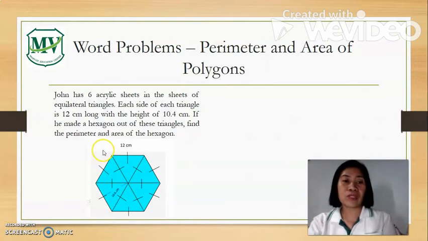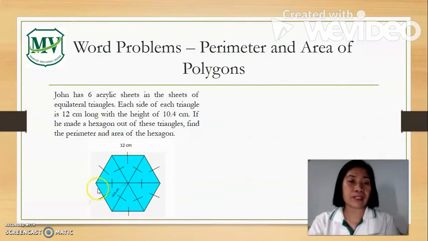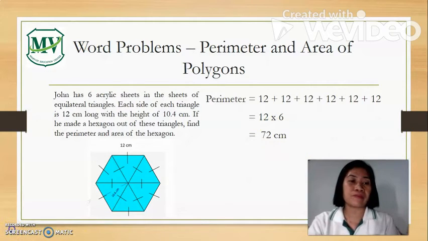To get the perimeter, we are going to get the sum of the sides. That would be 12 plus 12 plus 12 plus 12 plus 12 plus 12. Or we can simply say 12 times 6 equals 72 centimeters.